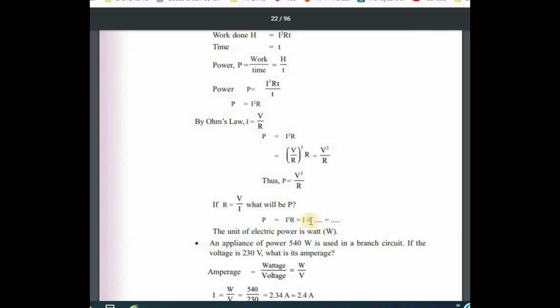Then we have P is equal to I into V, or VI.